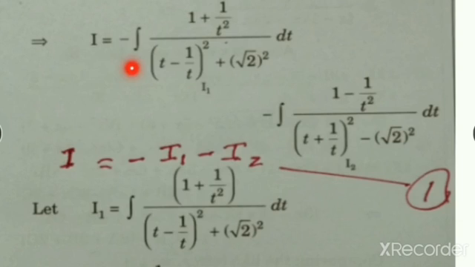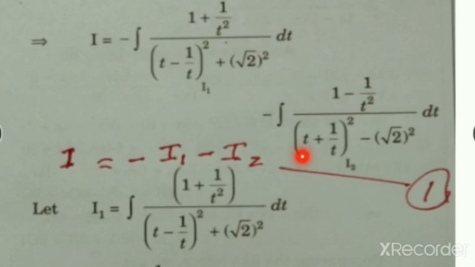I is equal to minus integration 1 plus t square upon denominator is t minus 1 upon t whole square plus 2 can be written as root 2 square, and minus integration 1 minus 1 upon t square. This is second part.